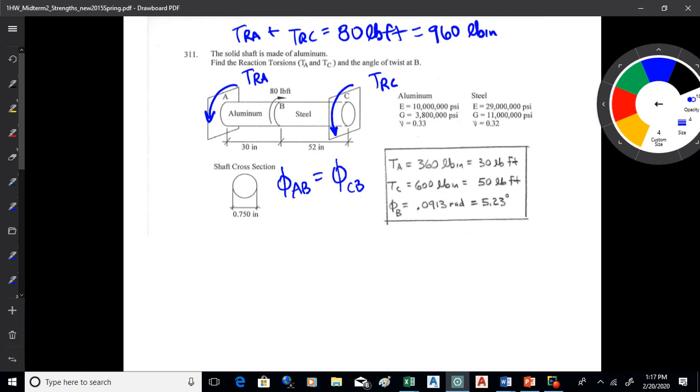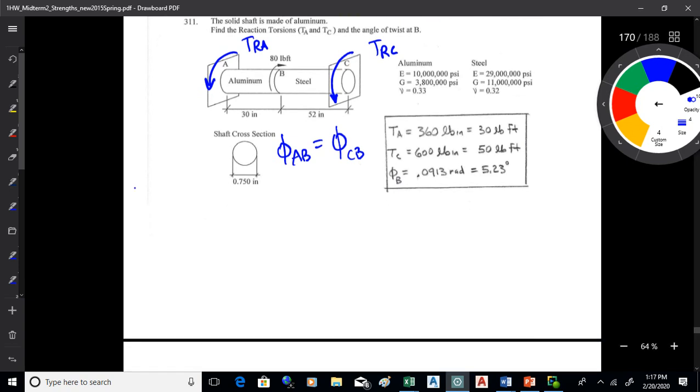And phi equals TL over IG. So that's the second equation. That's basically how you solve these things. You use both relationships, which allows you to go a bit beyond statics.